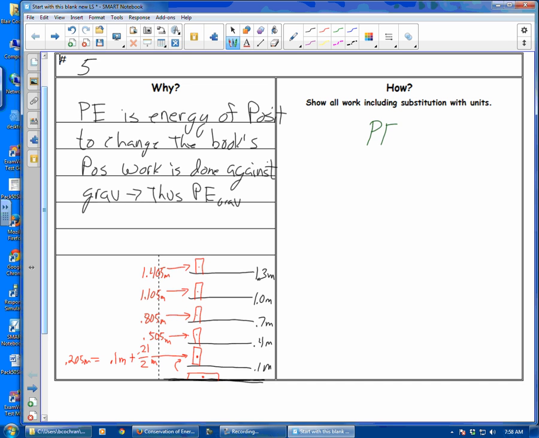Potential energy, gravitational, is going to be the weight, mg, and the change in height. The way the positions change is the change in height, gravitational. So for each shelf, we would have the PE grav of a single book. So like PE grav, we'll call that for shelf 1.